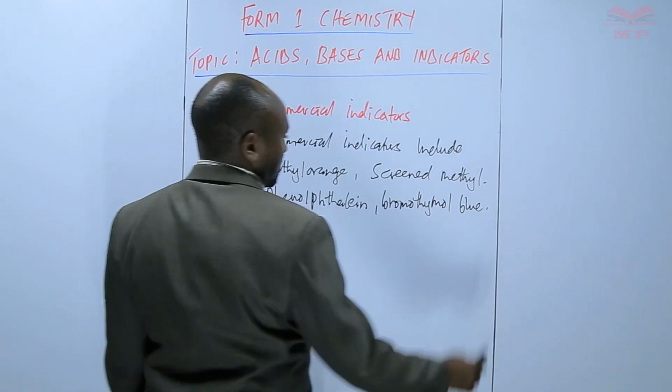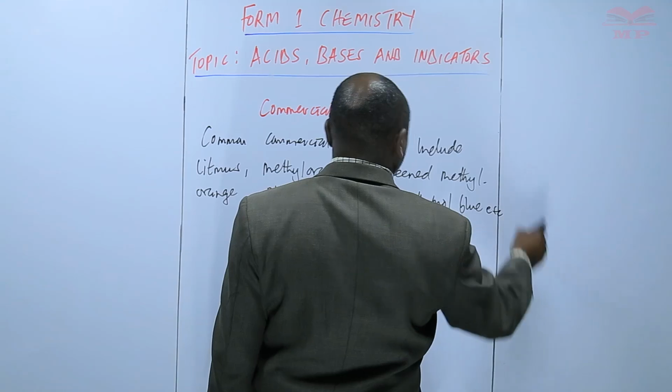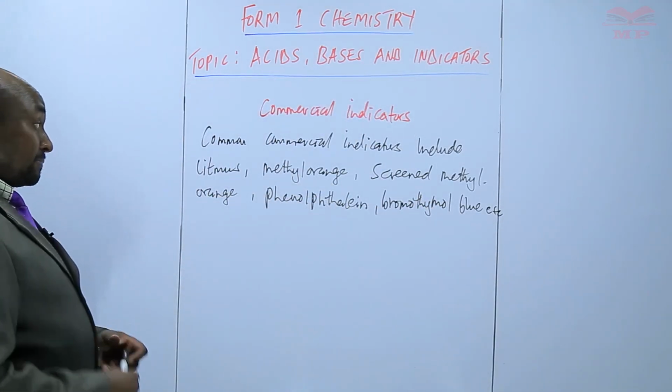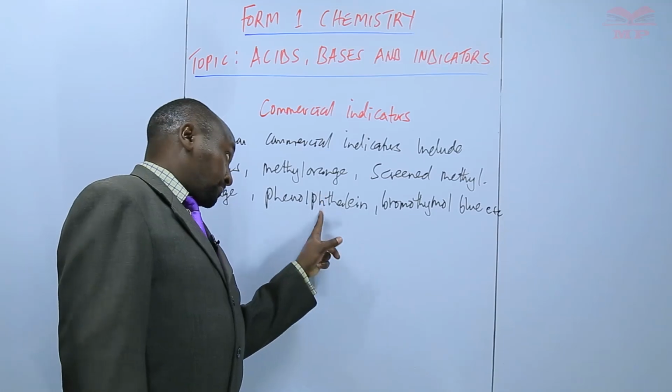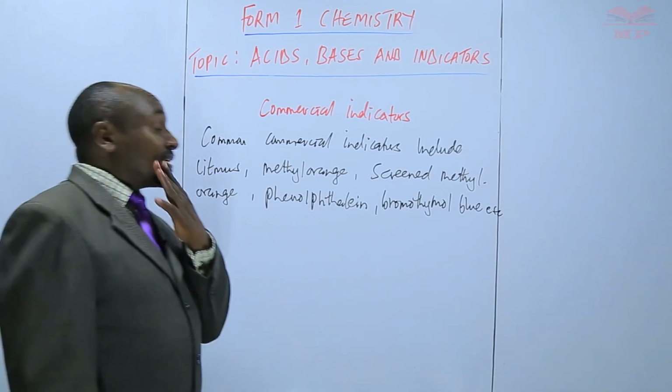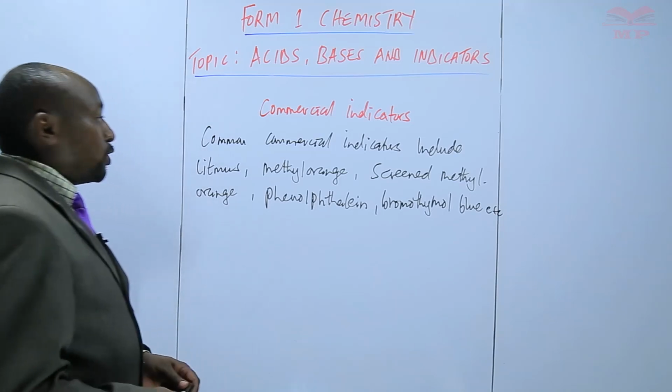So all those, they are commercial indicators, but we'll mainly mention the litmus and the methyl orange and phenolphthalein, because those are the common ones that we actually use.